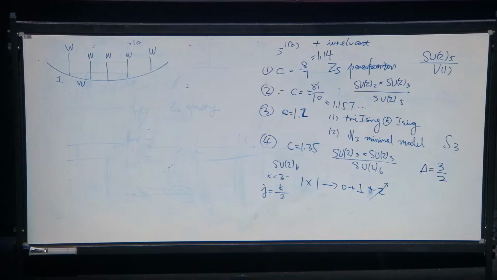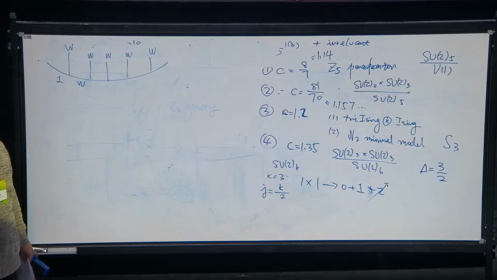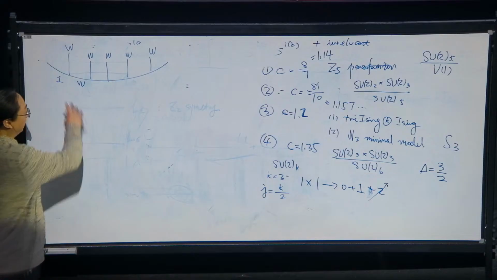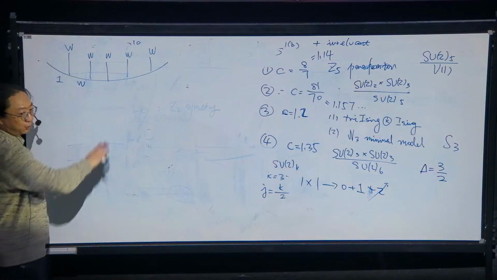So this one is equivalent to the 1 particle, this one is equivalent to the W particle. So the local constraint basically tells you that your states can be reinterpreted as a fusion of anyons, and they follow this rule.